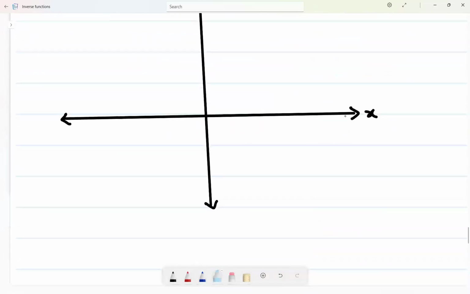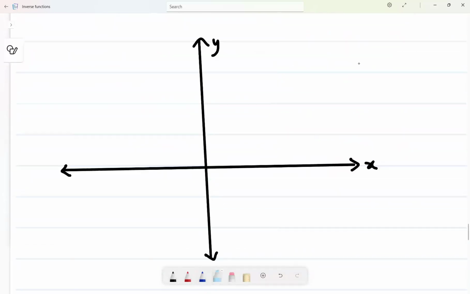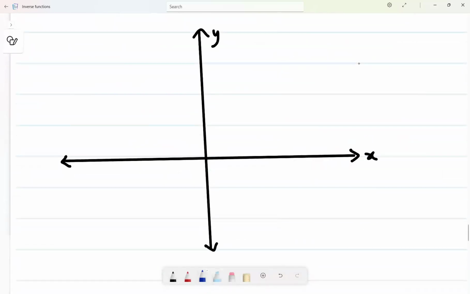It means it won't touch this line. But it has a y-intercept at 0 and 1. Where is that? I can put that here and say this is 0 and 1. What will happen is this will be a decreasing function like so. It won't touch this one.